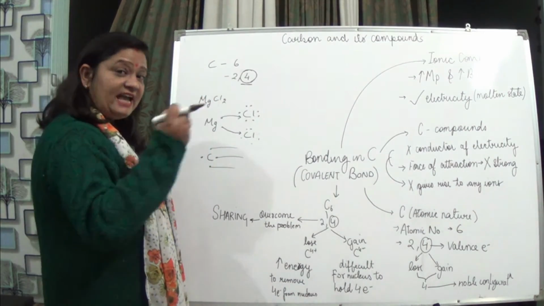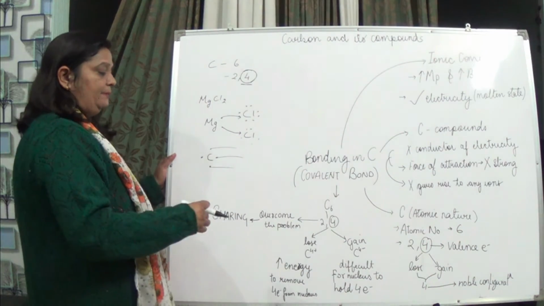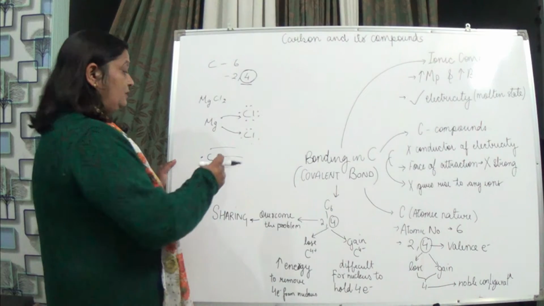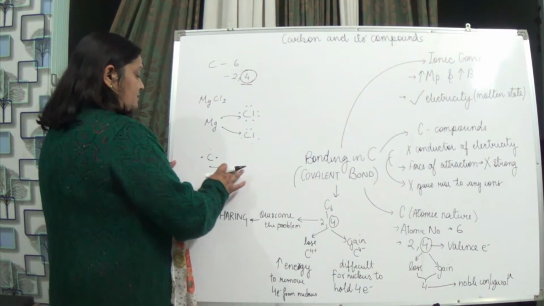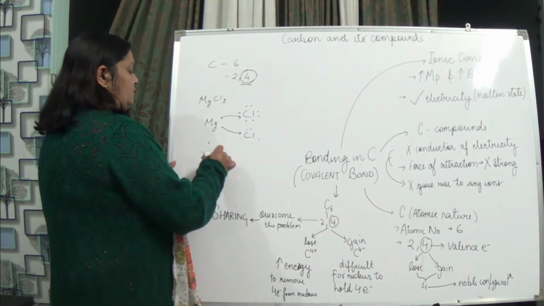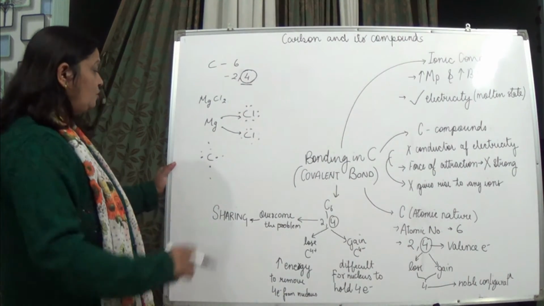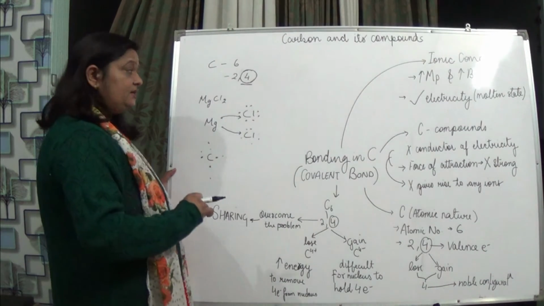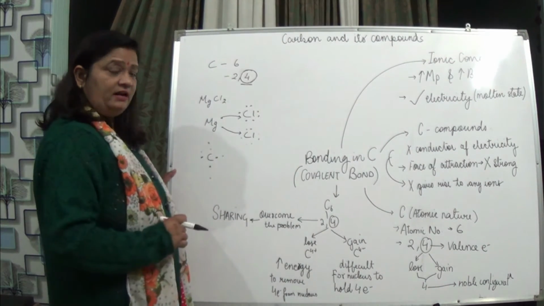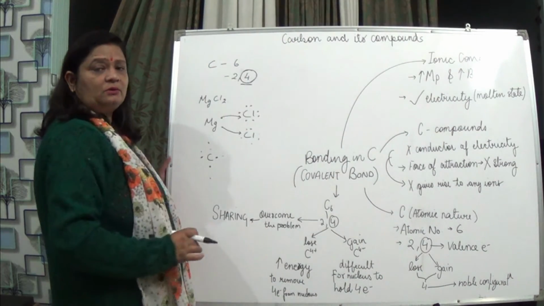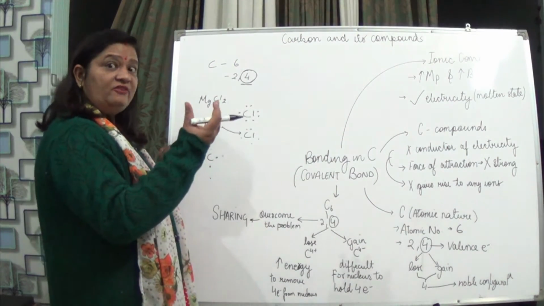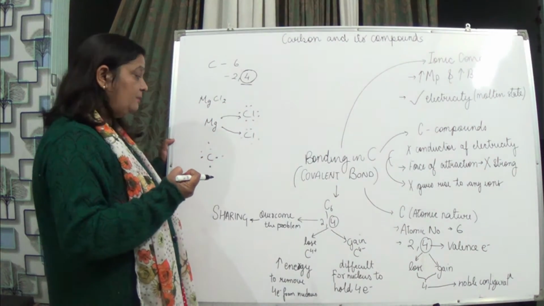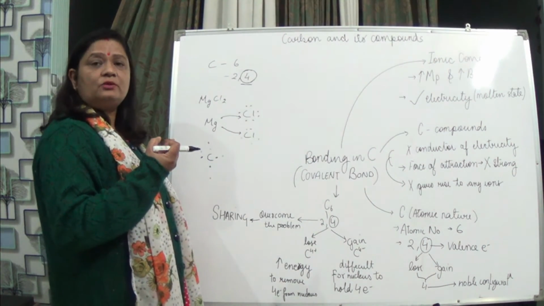So if it gains electrons, what happens? Suppose it is gaining 4 electrons from any other atom. Now you will see that the number of electrons over here has increased. It is 2 plus 8, 10 electrons, and in the nucleus only 6 protons are present. Will it be efficient for these 6 protons present in the nucleus of carbon to hold these 10 electrons?